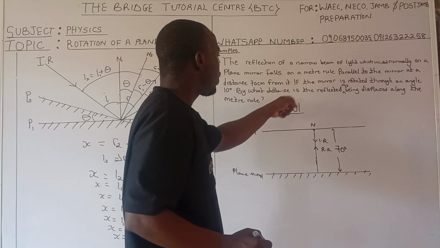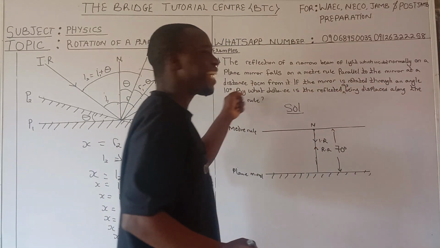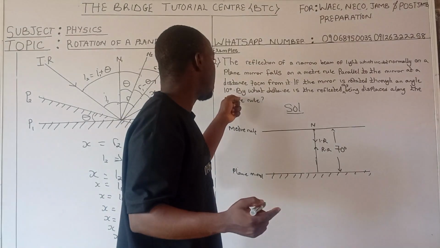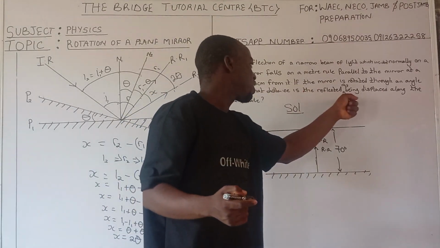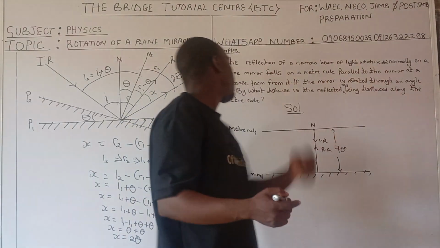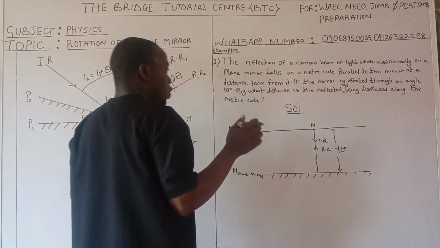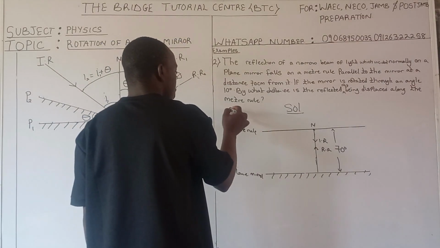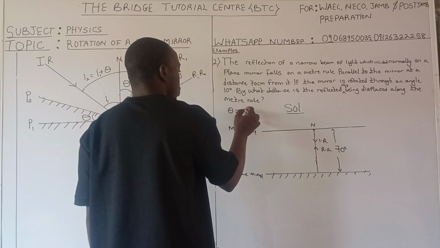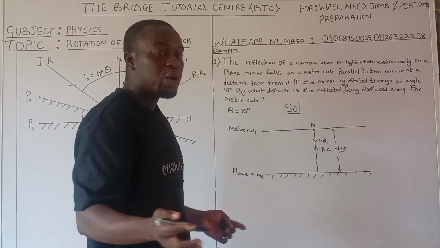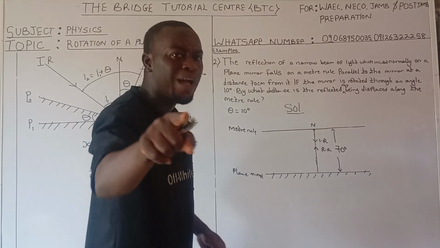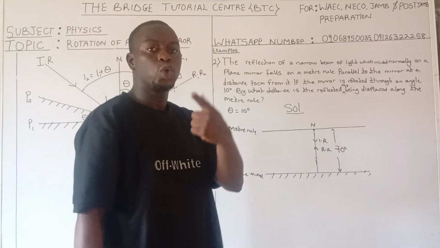Okay, if the mirror is rotated through an angle of 10 degrees, by what distance is the reflected ray displaced along the meter rule? That's our question. Don't forget, they rotate the mirror through an angle of 10 degrees, so our angle of rotation is equal to 10 degrees. Don't forget that whenever a mirror is rotated through an angle theta, the reflected ray will rotate through an angle 2 theta.